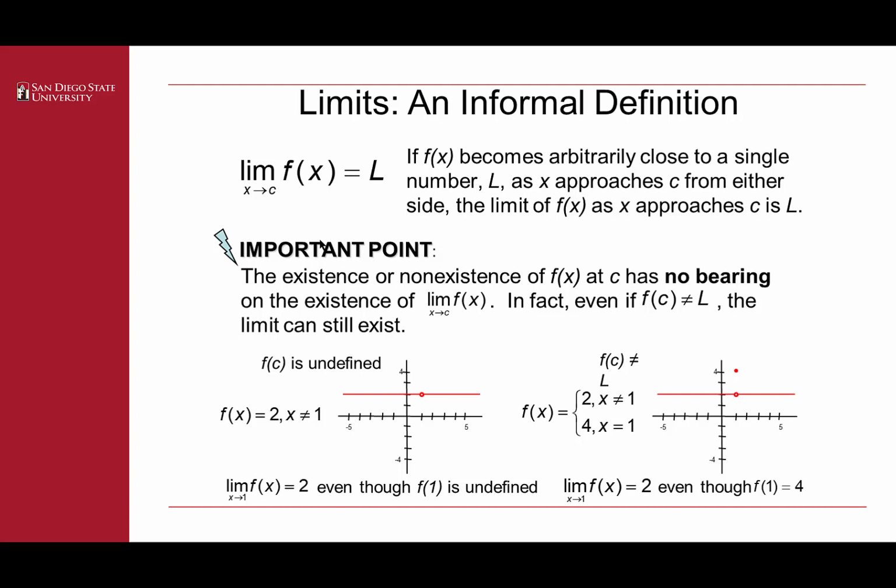We have a point at y equals 4. In this case, the limit of f of x as x approaches 1 is again equal to 2, even though f of 1 is equal to 4. These are quite exceptional points, but are not rare, so we have to pay attention.